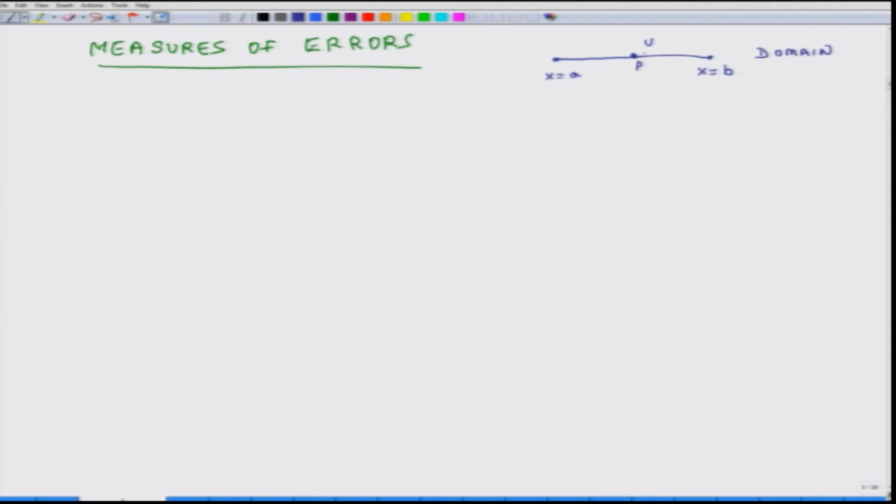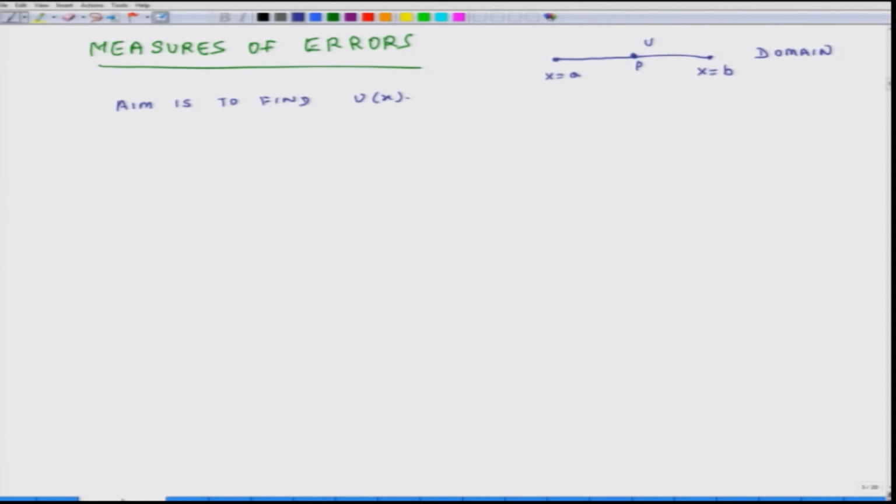We want to know what is the value of u for different locations of p. So, basically our aim is to find u as a function of x.